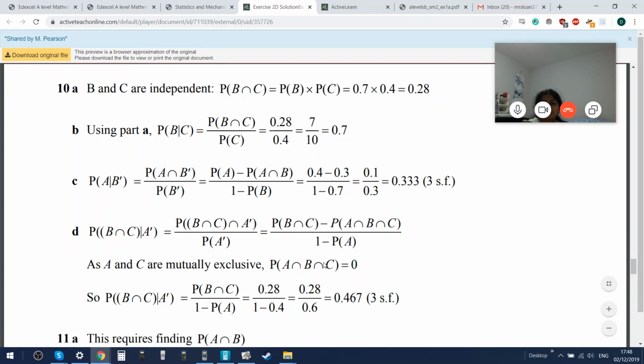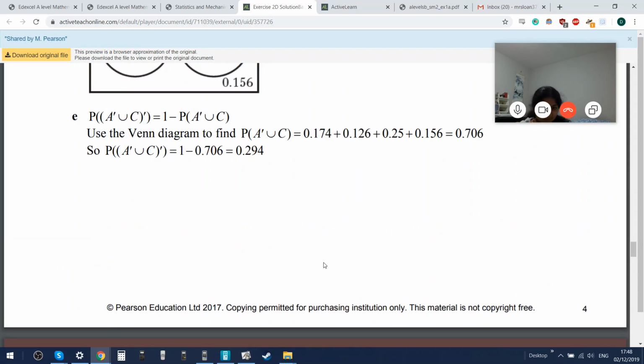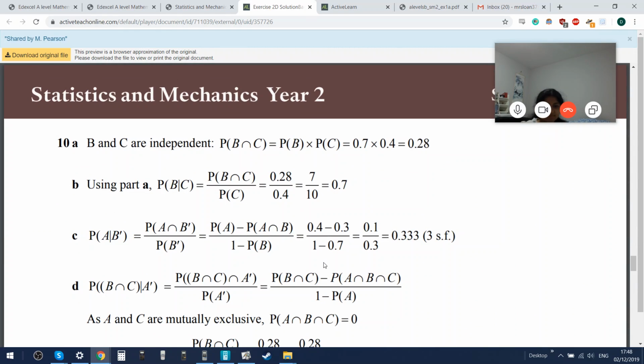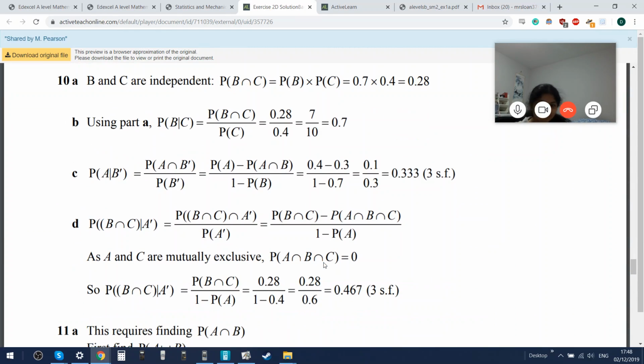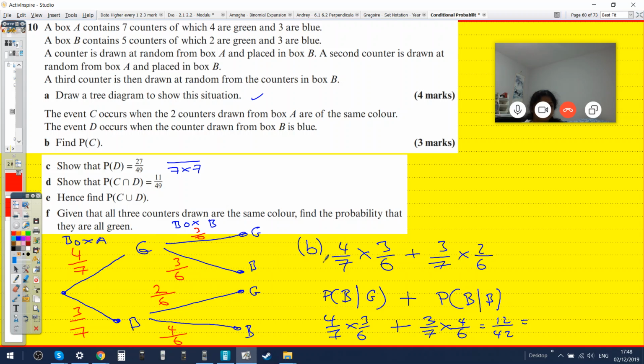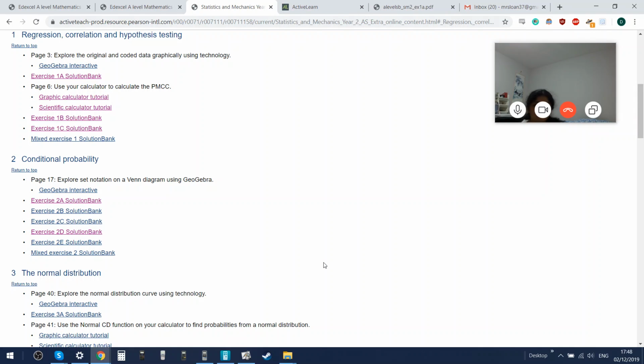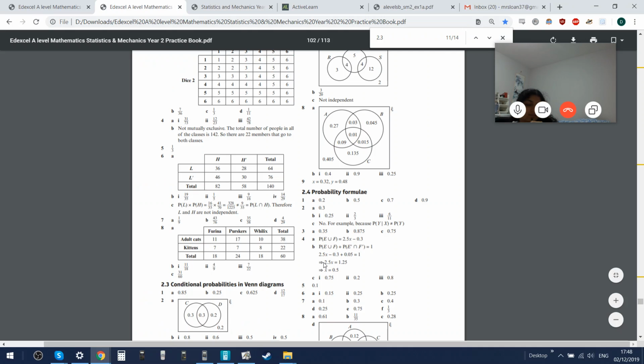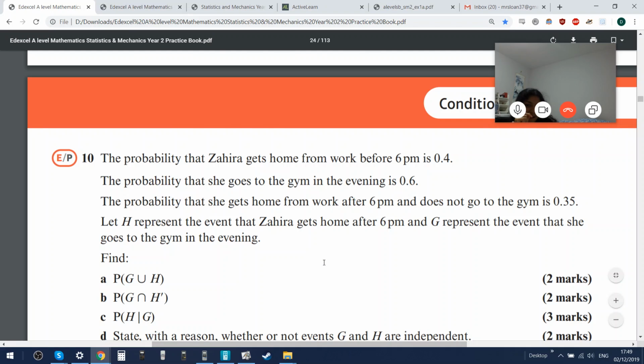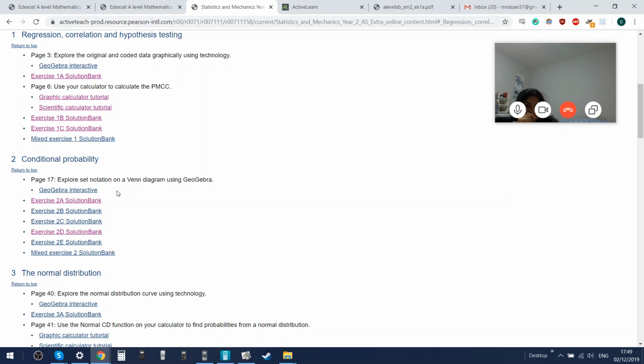Is this the right one? Doesn't look like it is. A, B, C, D. This looks totally different.